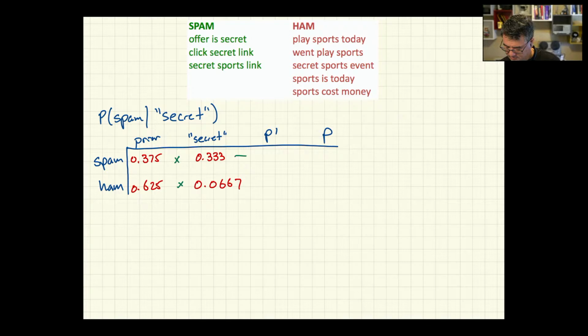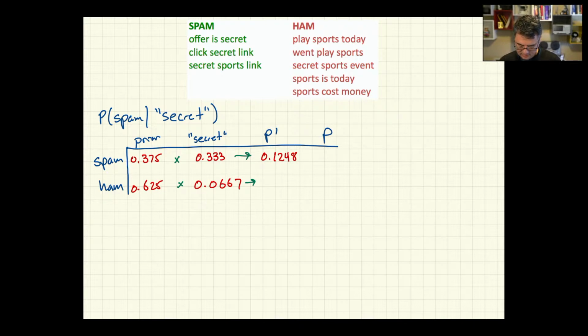Multiply. Okay, 0.375 and 0.333, we get 0.1248.